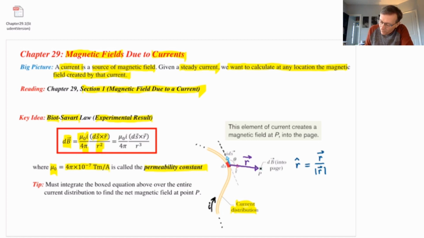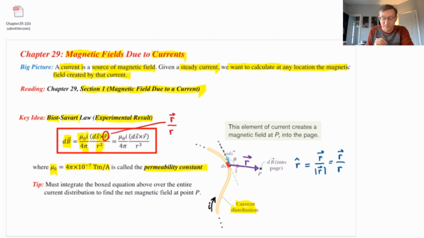In a lot of ways, the books will write the magnitude of r arrow as just an r like that. So since r hat can be expressed as r vector over r magnitude, you will sometimes see that substituted right there for the r hat. You will see r arrow over r.